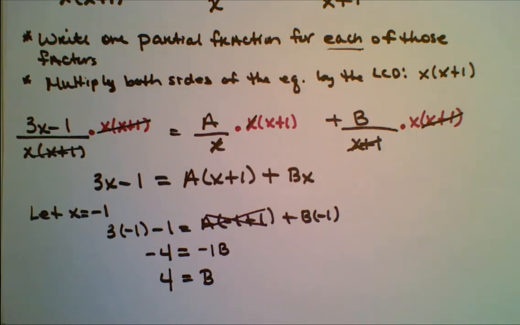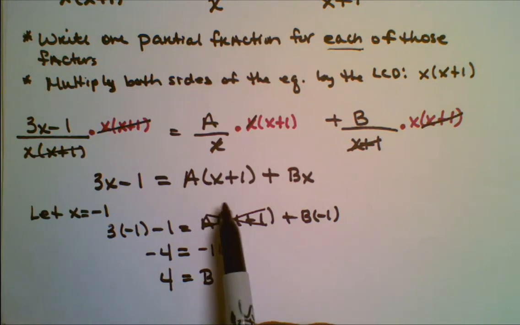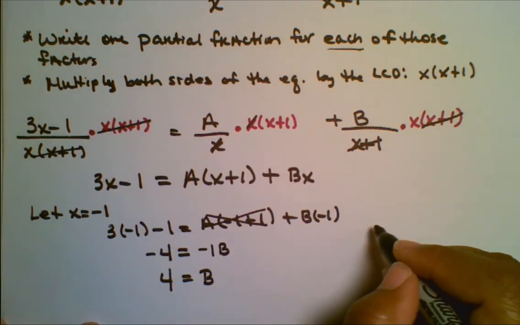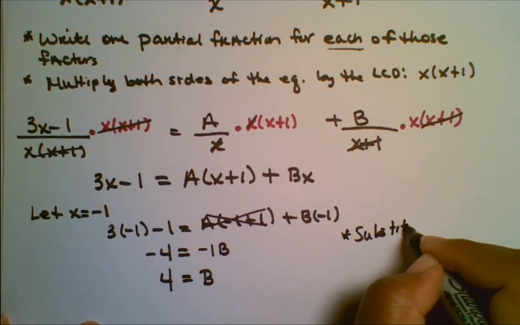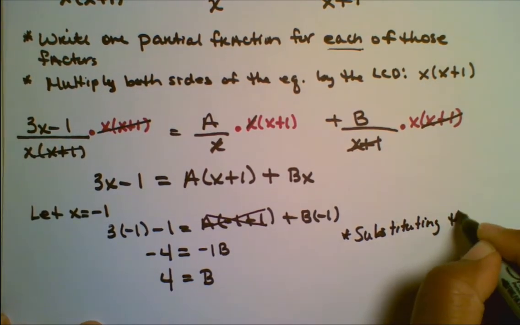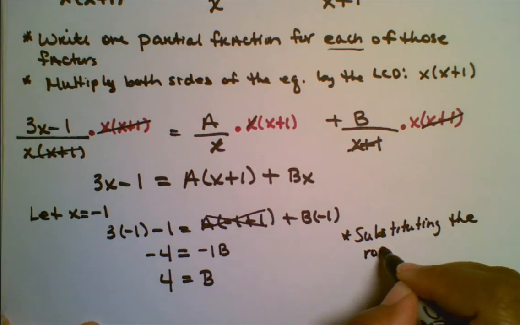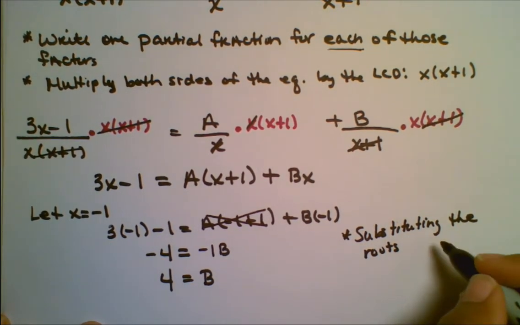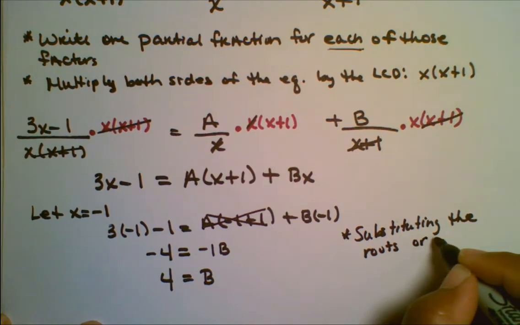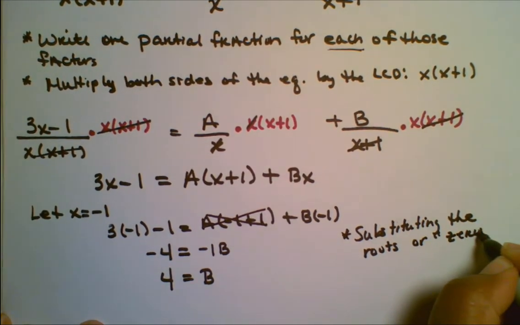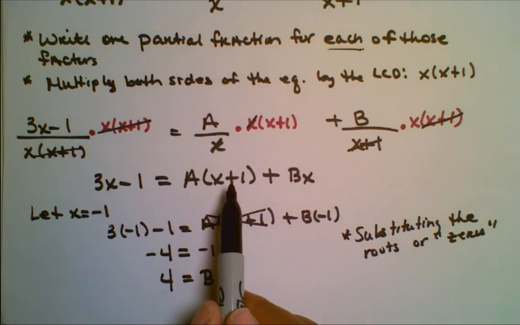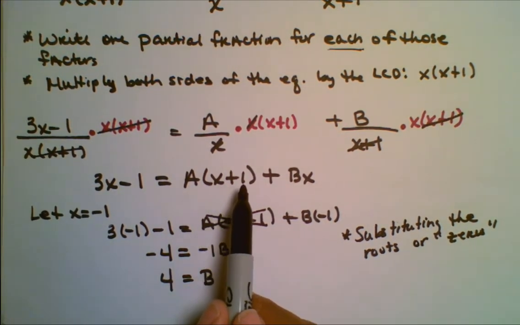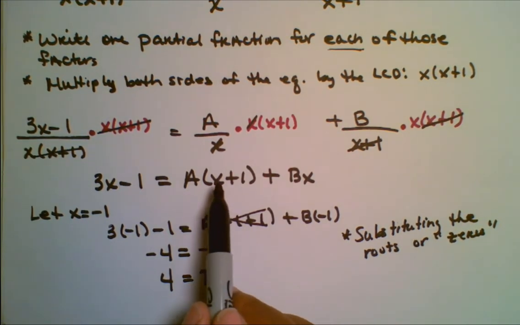Okay, so in essence, when you're talking about substituting the roots or zeros into this equation, basically you're looking at what would be its opposite, so that we can cancel it out.